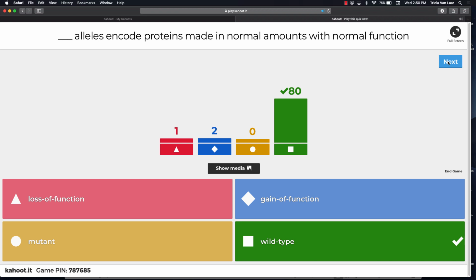Wild type. So remember, loss of function is either less protein or dysfunctional protein. Gain of function is better. Mutant could be loss or gain. Wild type is normal.